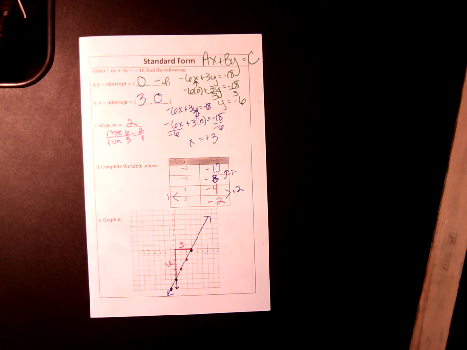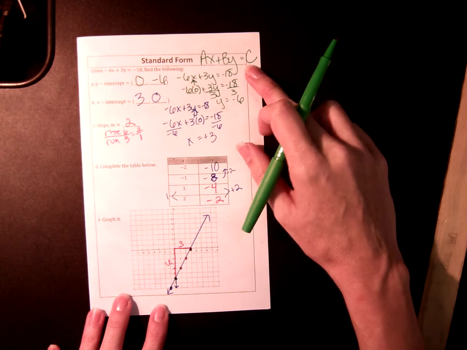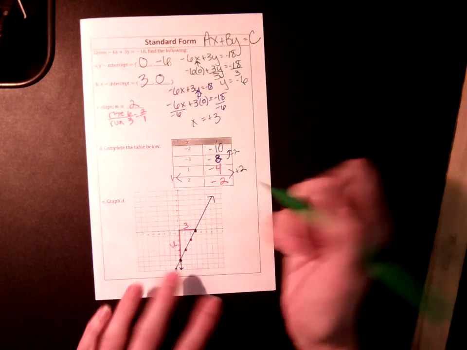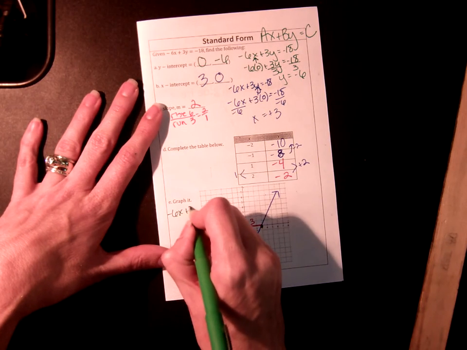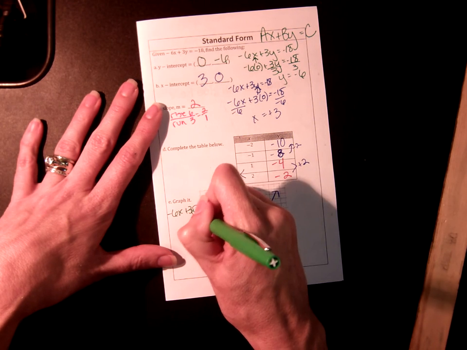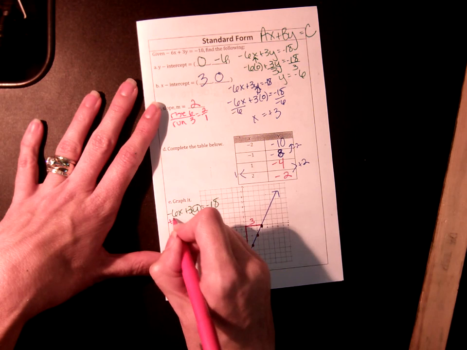Lots more practice with these in classes over the next couple of days, writing, graphing. The only other thing we could probably add here is, how do I get this rearranged so that I can put this in my calculator? We had to just figure these out on our own. Well, we're going to take -6x plus 3y equals -18, and I need to isolate the y. So we'll move the 6x.